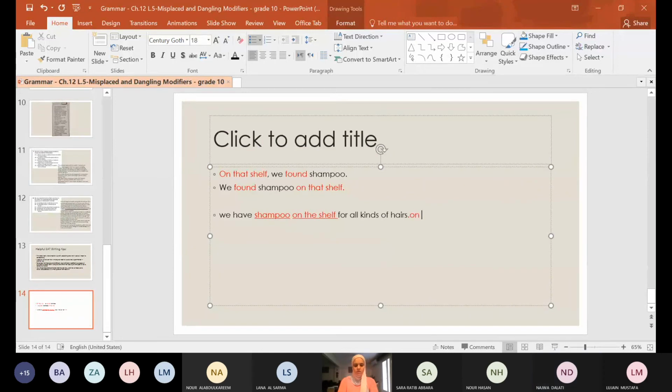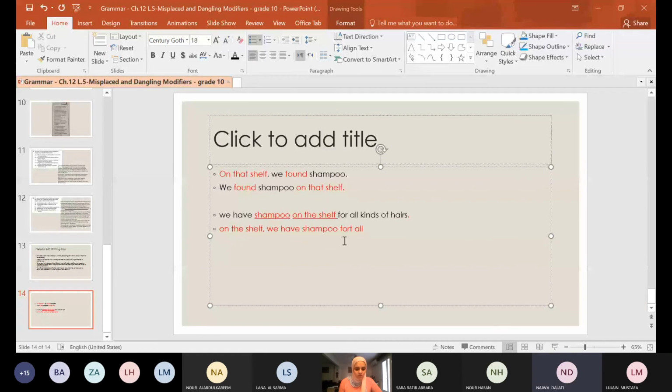Here: "On the shelf, we have shampoo." So it will answer me where? It answers where. It is not modifying the shampoo. It will not modify "we" either.